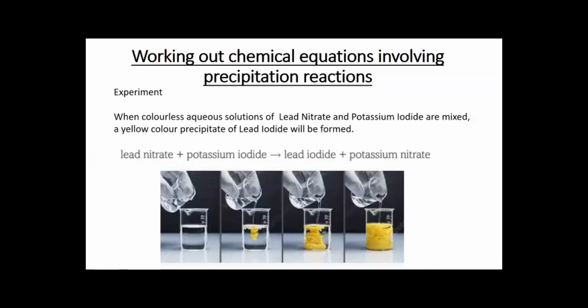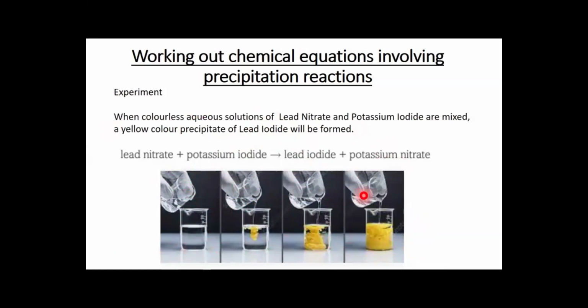So when a colorless aqueous solution of lead nitrate and potassium iodide, which is also colorless, are mixed, what is happening? You can see the formation of lead iodide, which is a yellow precipitate. When we add potassium iodide little by little, you can see the formation of the precipitate.